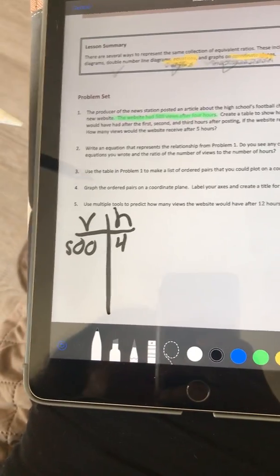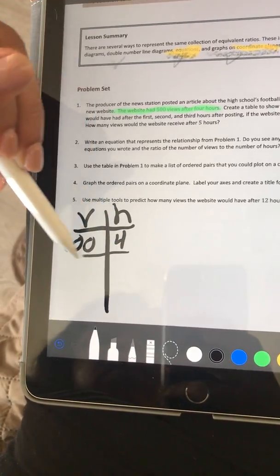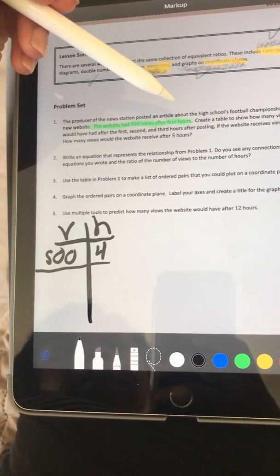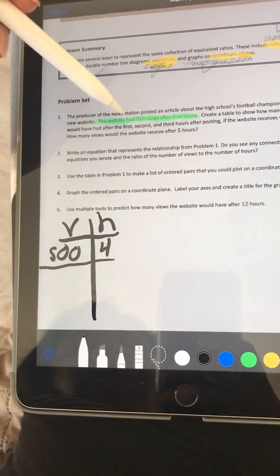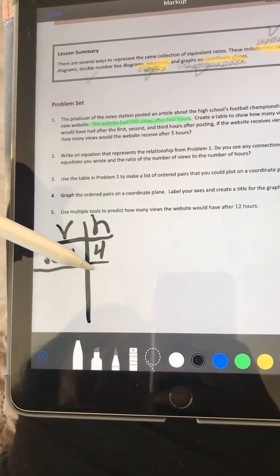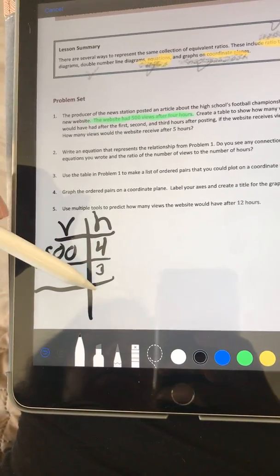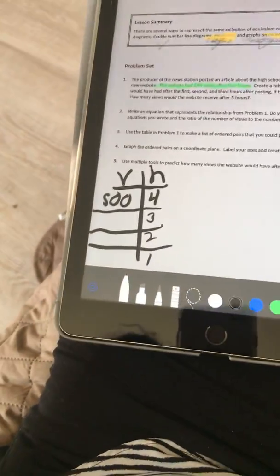So let's just start with the information we have here. It asks us, create a ratio table to show how many views the website would have had after the first, second, and third hours. So we already know the fourth hour, but we need to figure out the third, second, and first. We got to figure out that amount.